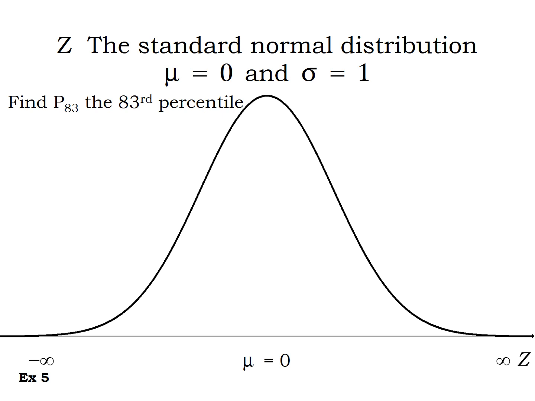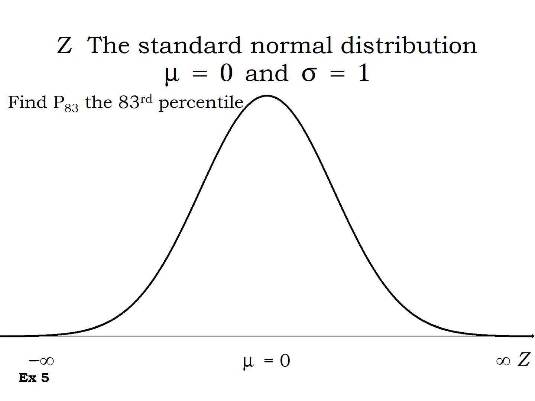Now I want to look at how we use probabilities to find corresponding z-scores. Specifically, we want to find the 83rd percentile of a standard normal distribution. By definition, we're looking for the z-score that is bigger than or equal to 83% of all z-scores. The bell curve is centered at 0, which means we have perfect symmetry to the left and right of 0.